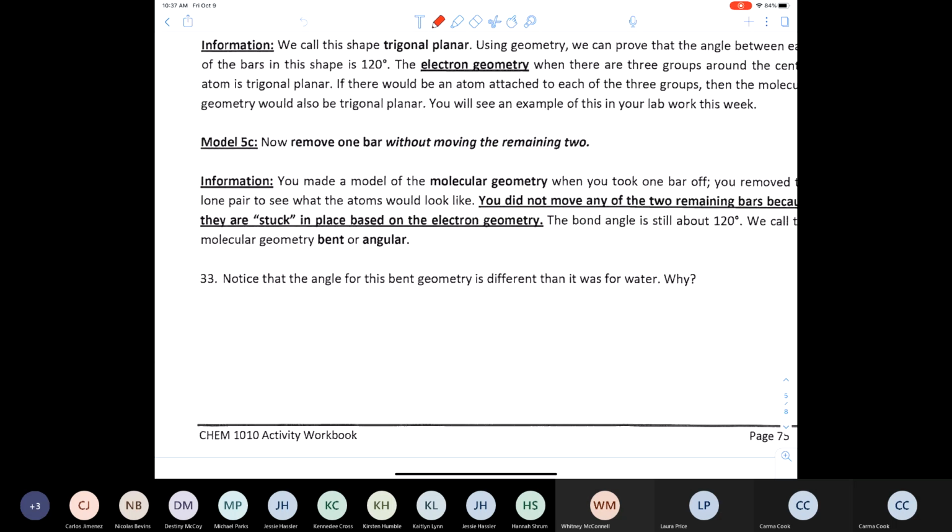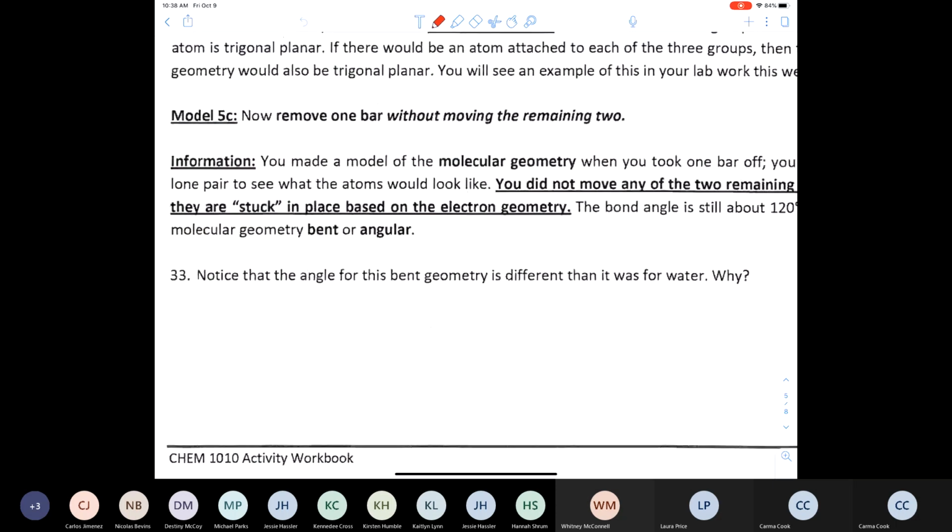So take a look at what's alike between ozone and water to answer question 33, but then focus on what's different about the Lewis structures of those two. Do they have the same total number of electron groups around their central atoms? If not, that's going to cause them to have different bond angles. So that's how you should approach question 33.